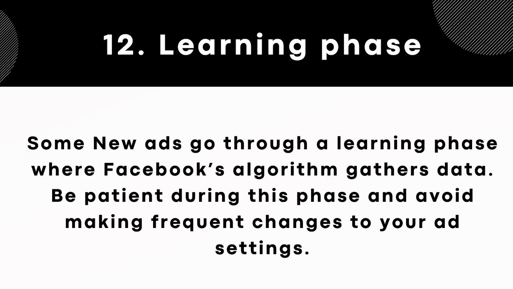So another reason why some persons might not get results is called the learning phase. When you launch an ad, most times Facebook takes like 1, 2, 3 days to learn the kind of audience that will be interested in what you offer. So sometimes the first day, the second day, the third day, you might not get much result. Don't be discouraged if you know you have done everything you need to do properly.